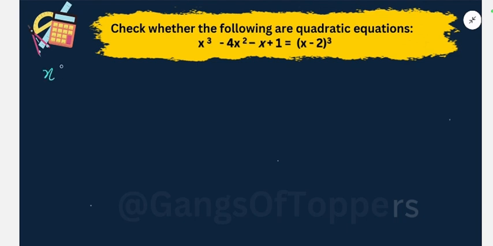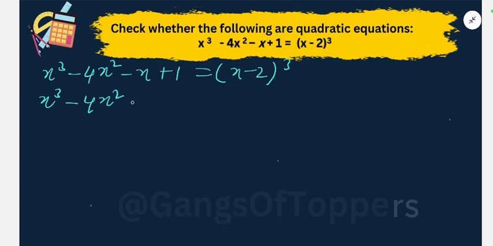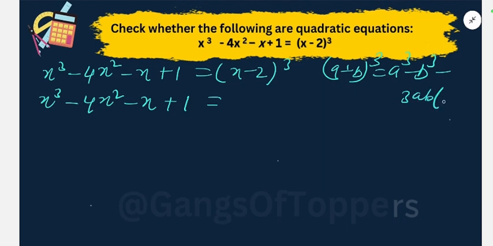Let's take another question. x cube minus 4x square minus x plus 1 equals (x minus 2) to the whole cube. Now the formula for (a minus b) cube is a cube minus b cube minus 3ab into (a minus b), right?